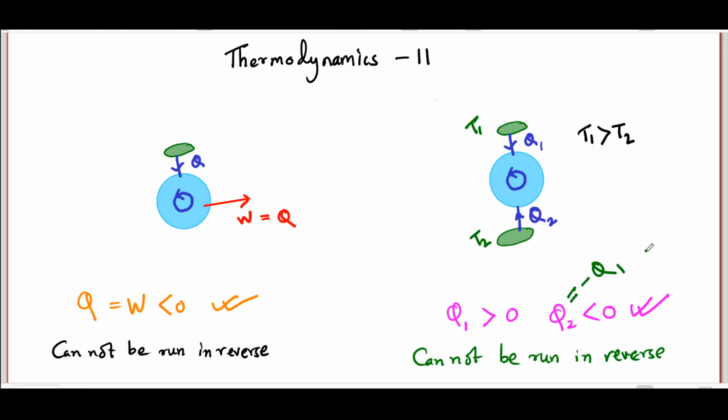Before we can at all talk about the second law, what we should clarify is exactly what we mean by reversibility. What does it mean when we say that a certain process can be run in reverse, or, as in the case of these two instances, cannot be run in reverse? So we first need a proper definition of the term reversibility.